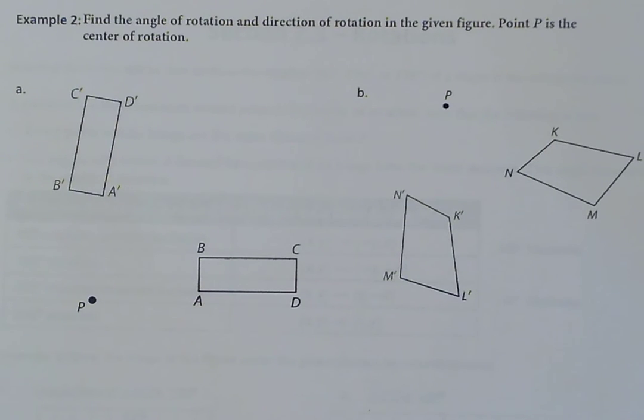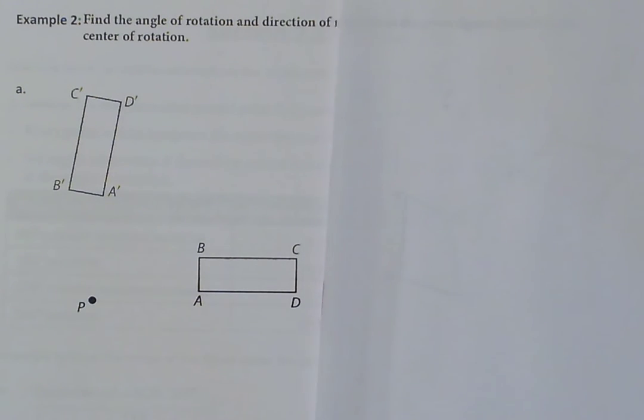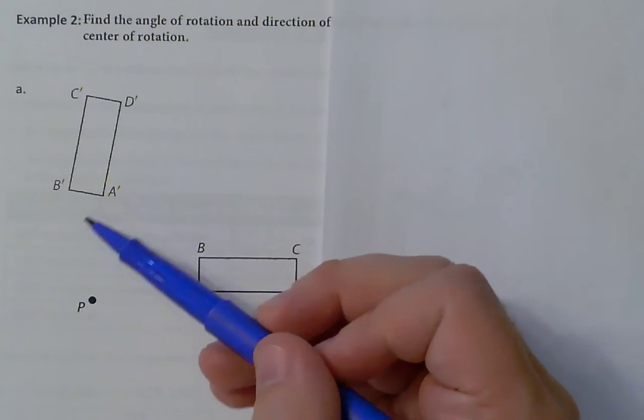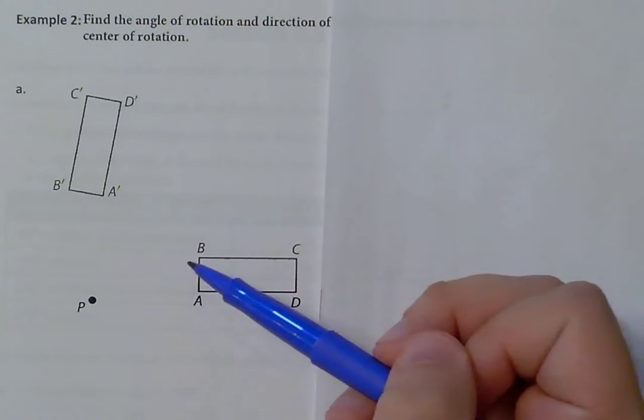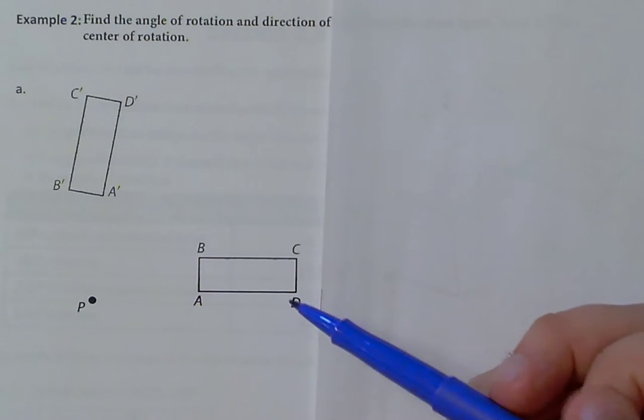So, how we are going to go through and do this is as such. Now, you just need to choose one set of points. So, let me cover up part B so we're not looking at that. We just need to choose one set of points. So either you're going to do A to A prime, B to B prime, C to C prime, D to D prime.